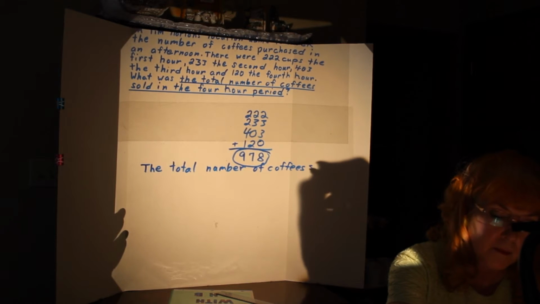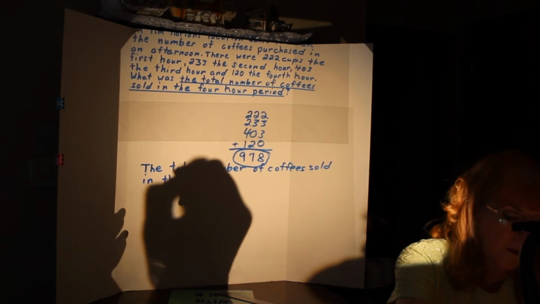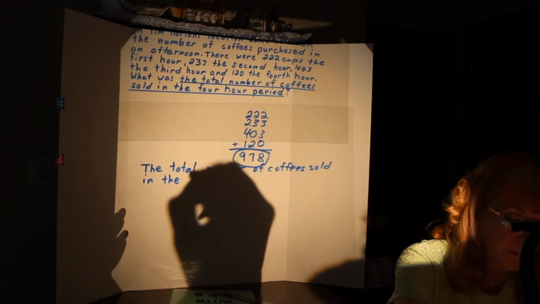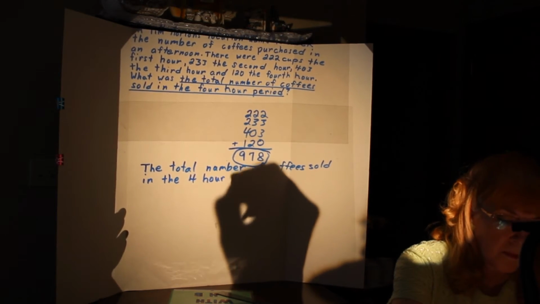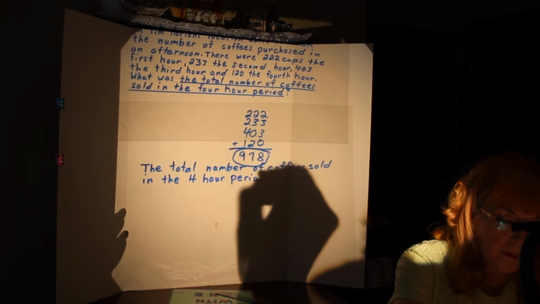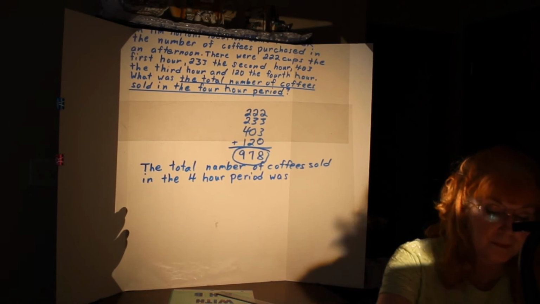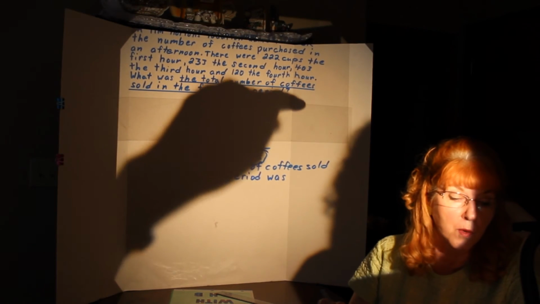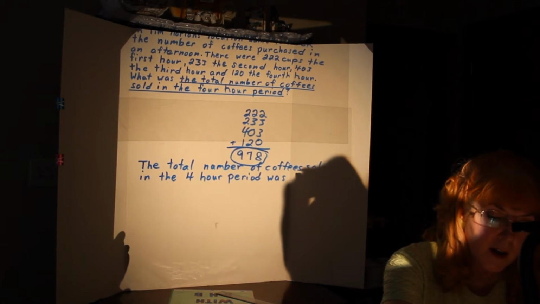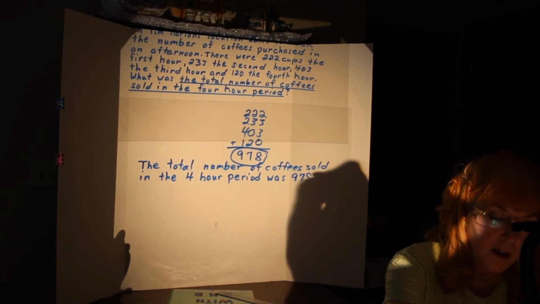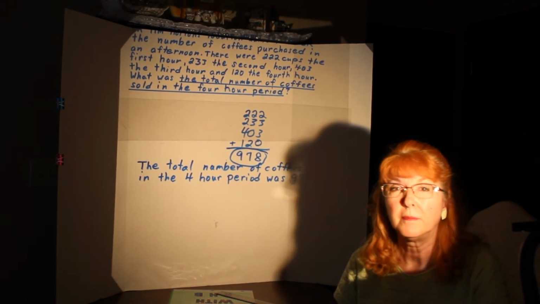Sold in the 4-hour period was, all right, so I've added one word. All right, what was our total? 978. Period at the end, that's your sentence.